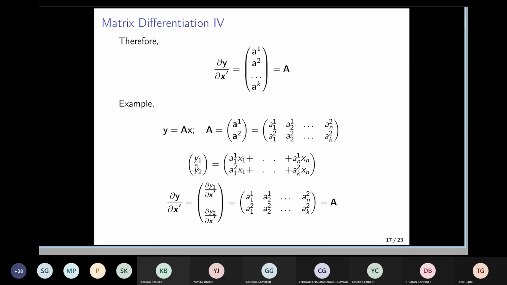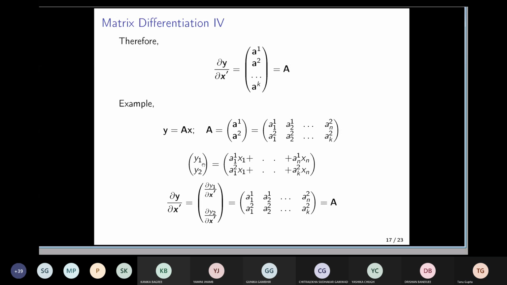Okay, so y is written as, where y1 is equal to a11 x1 plus a1n xn. So what I'm doing is multiplying matrix A and vector x.